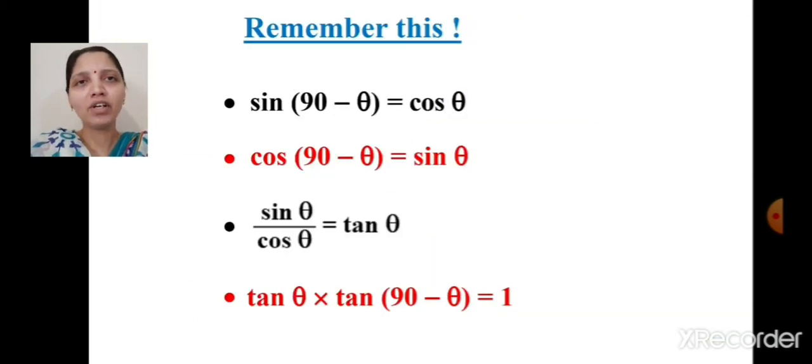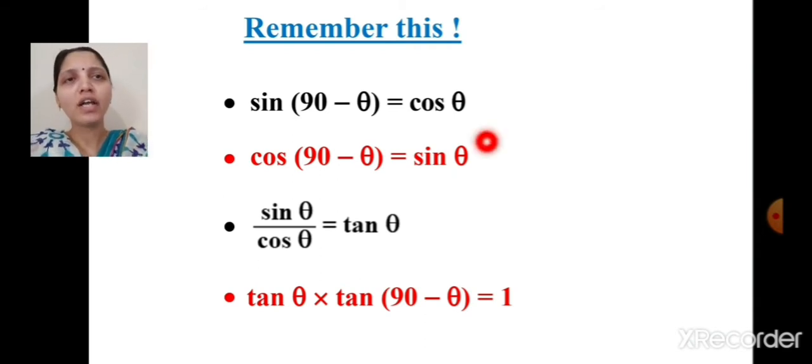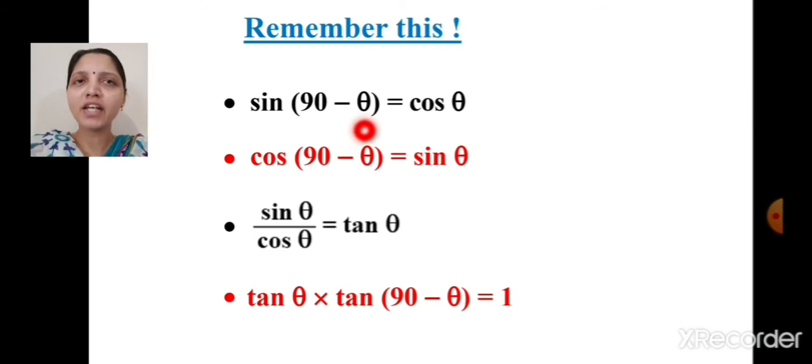After that we have learned how these trigonometric ratios are interrelated to each other. That means how sine theta and cos theta are related to each other. So here if you find sine of 90 minus theta, then you will get cos theta. If you find cos of 90 minus theta, you will get sine theta. Okay.